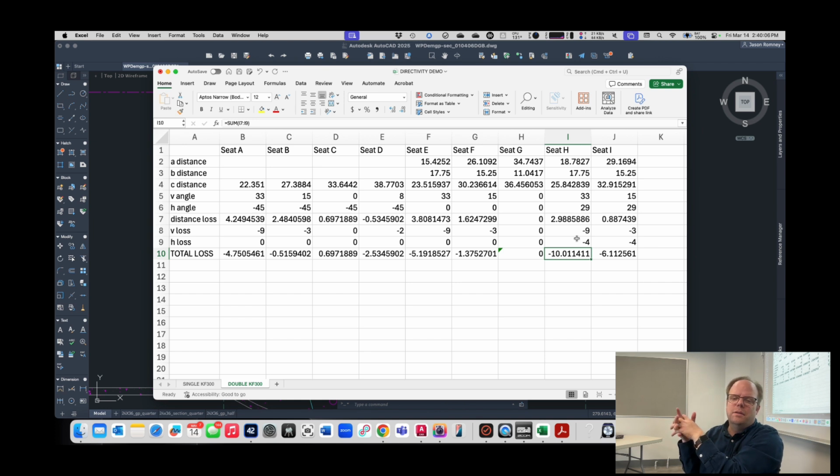So you could probably knock a couple of dB off of each of those, and that'll be about right. But that's the data we have, so that's the resolution we have. So we'll say, okay, worst case scenario, that front row all the way to the side is going to be my worst one.